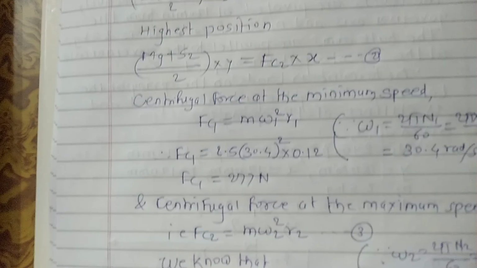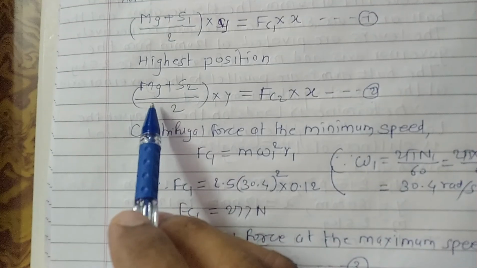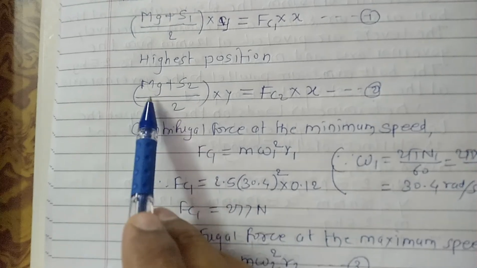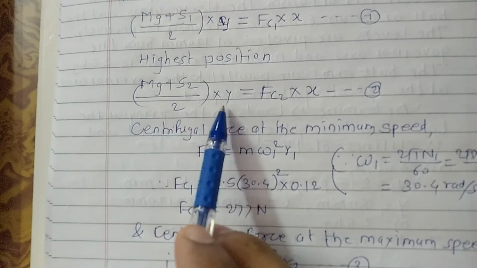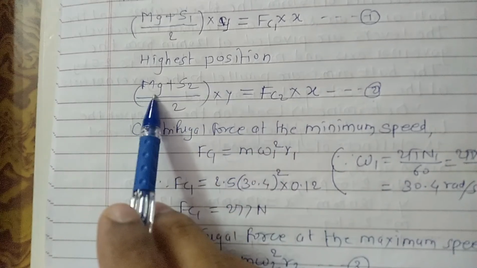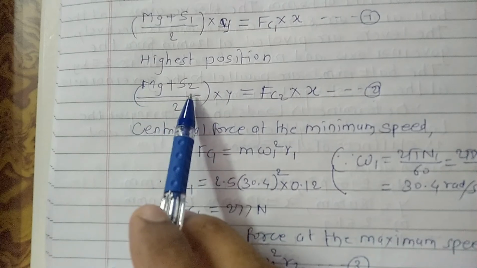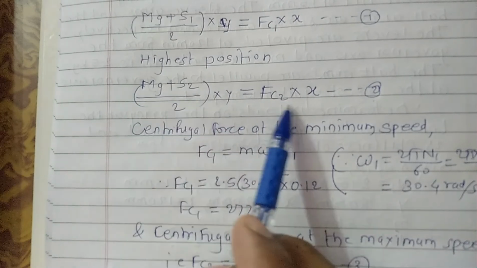So here is the highest position relation we have written, mg plus S2 by 2 multiplied by y. Okay, so we know the value of FC2. You have to neglect the value of the central mass. Just simplify this relation by substituting the various terms.